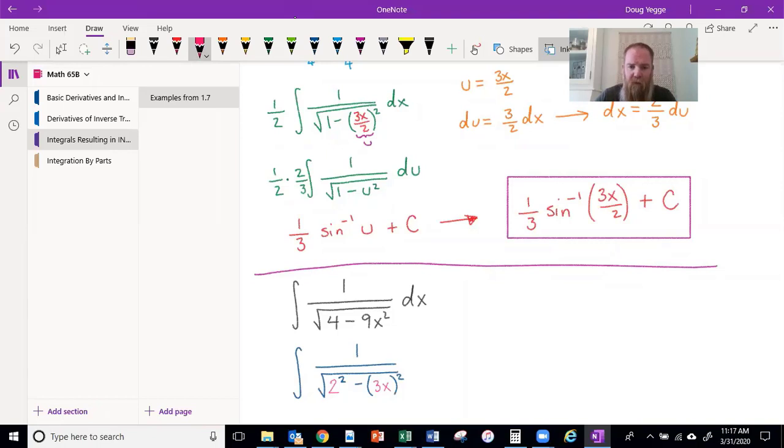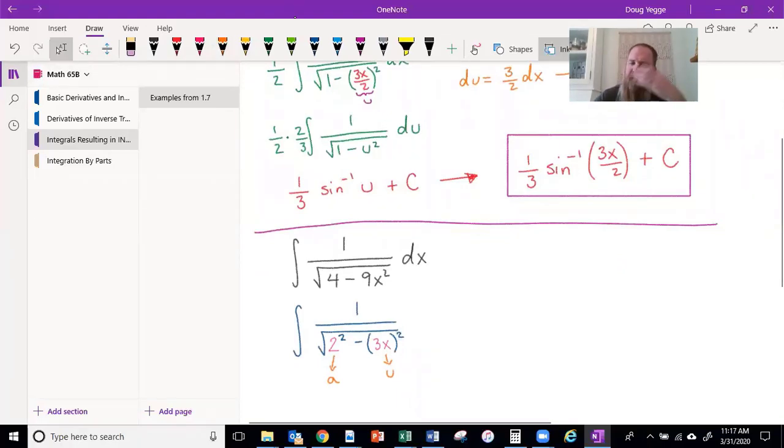So it looks like I could rewrite this by just writing it as something squared minus something squared. And when I do so, I can see that this right here is representing my a, while this here is representing my u.